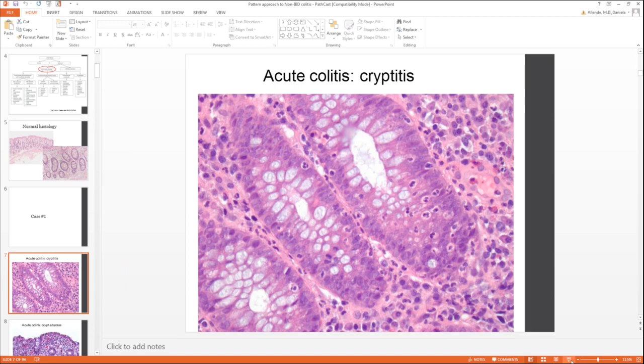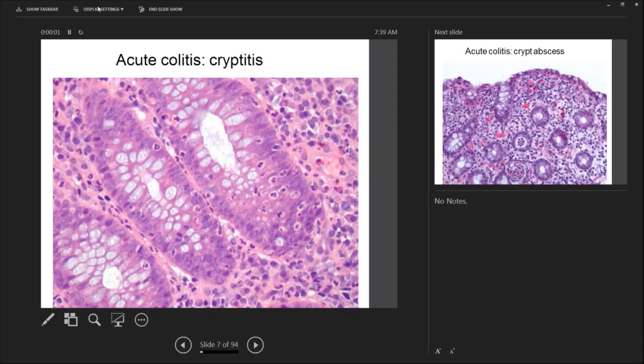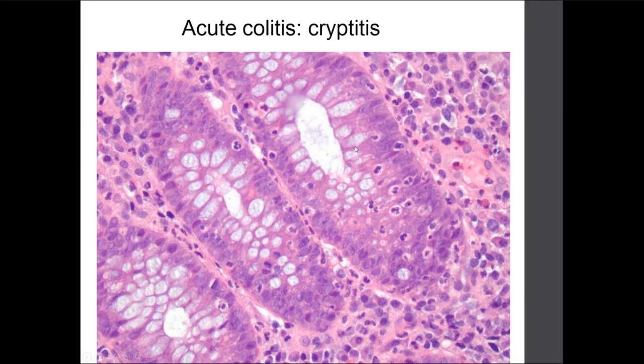So let's go back to our PowerPoint. So basically, this is a case of acute colitis. The defining features of this pattern of injury are cryptitis, which means neutrophilic infiltrates injury in the crypts with reactive mucin loss, the cellular lamina propria that is composed of mixed inflammatory infiltrates, many times like plasma cells, like in this case.